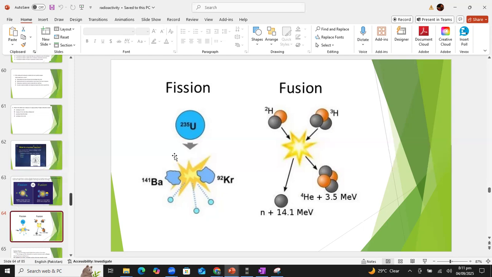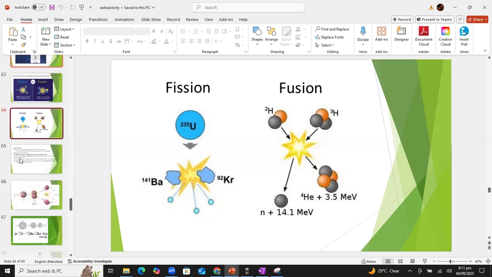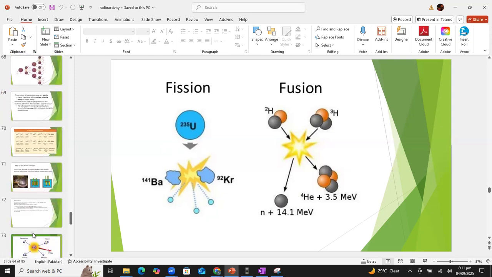What I explained to you, beta, is that fission is used to perform the chain reaction. Fission is used to produce electricity, and fission reactions are used for bomb making as well. But fusion reactions only occur at the surface of a star.